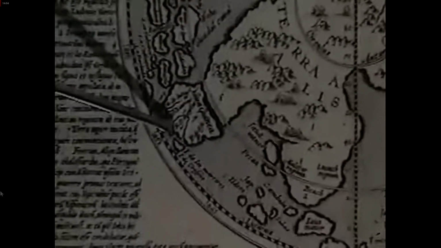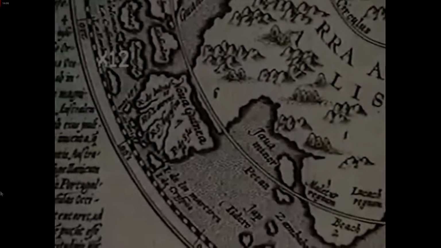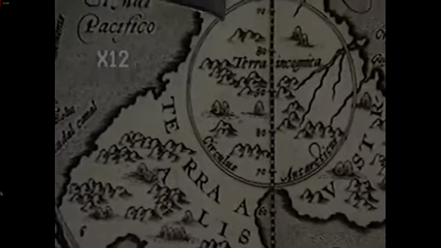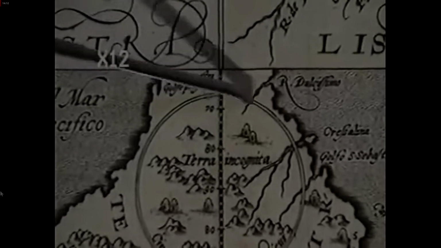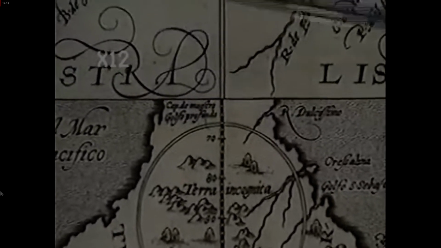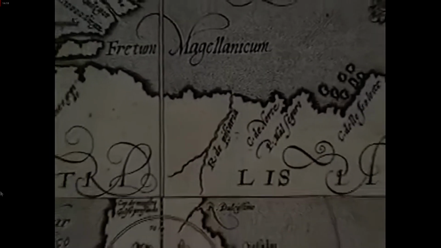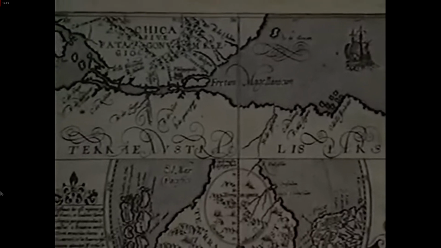Right here we have New Guinea. And this region right here to the north was called Terra del Fuego. And this right here is the northernmost tip of it, this being the Cape of Storms, South America.